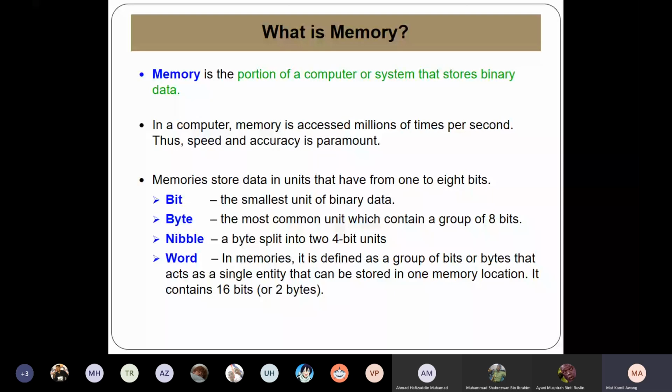In memories, it is defined as a group of bits or bytes that act as a single entity that can be stored in one memory location. It contains 16 bits or 2 bytes. A word is 16 bits. So those are the terms you have to be familiar with: bit, byte, word, nibble, right?